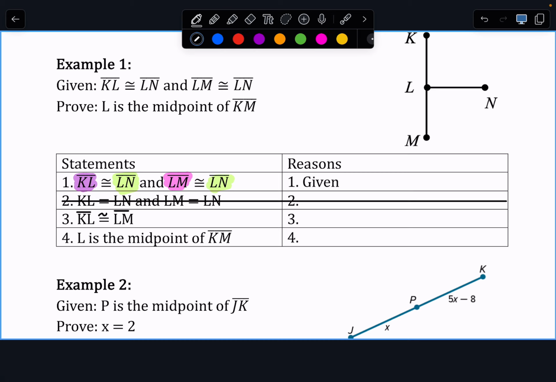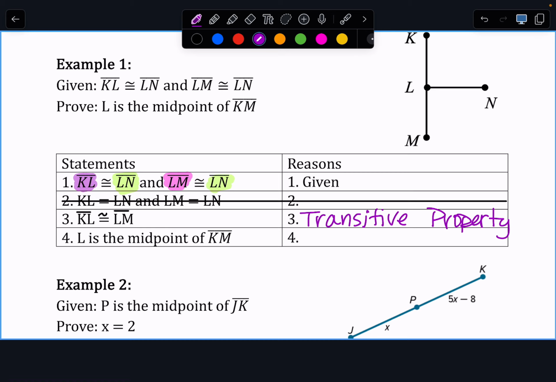We can say KL and LM are congruent to the same segment, so we can use the transitive property right there.